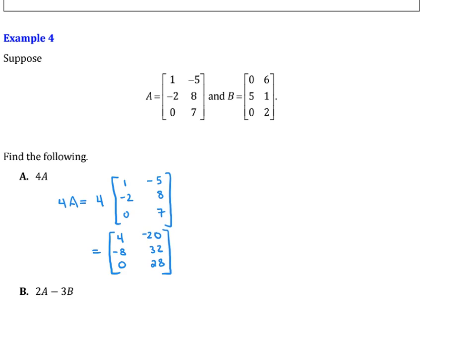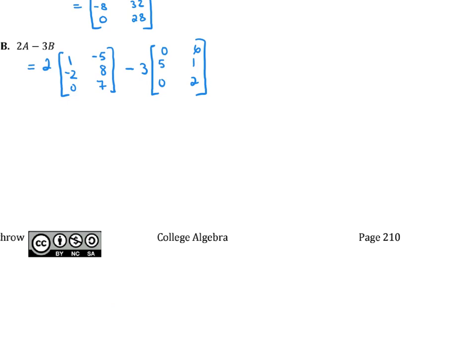So now 2A minus 3B will be 2 times A minus 3 times B. So let's multiply the first matrix by 2.